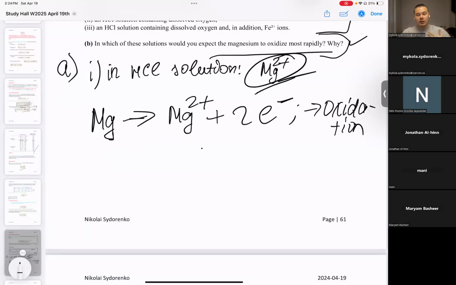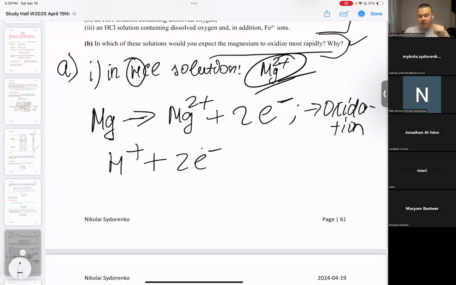Okay, so in our case, we're going to pass the current through magnesium in the HCl solution, and we're going to get some sort of gases being formed. For example, in the HCl solution, we have hydrogen. That hydrogen is a reactive component, the component that is ready to get reduced. So what happens is we have positively charged hydrogen floating in that solution that is about to catch the electrons.